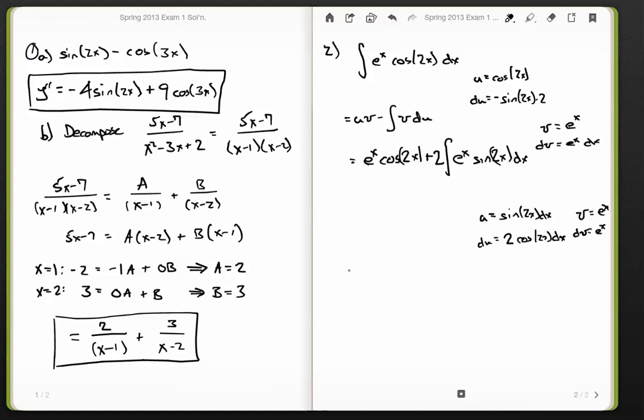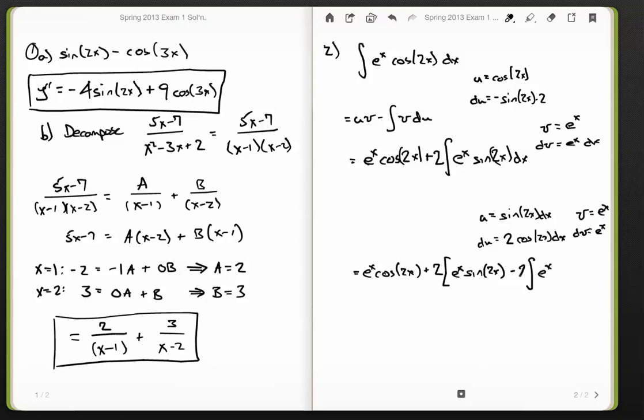So I'll rewrite this whole thing. This whole integral equals e to the x cosine of 2x plus 2 times this integral, right? And so this will be u times v, so it's e to the x sine of 2x, so it's uv minus the integral of v du, minus the integral of v, which is e to the x, du.